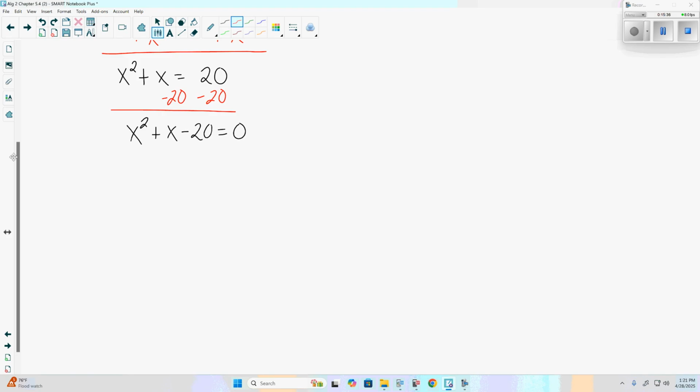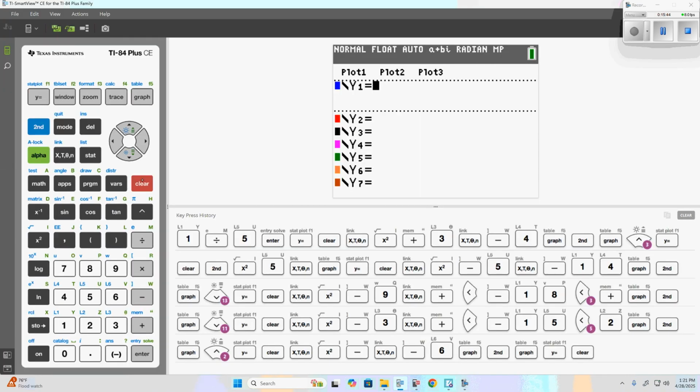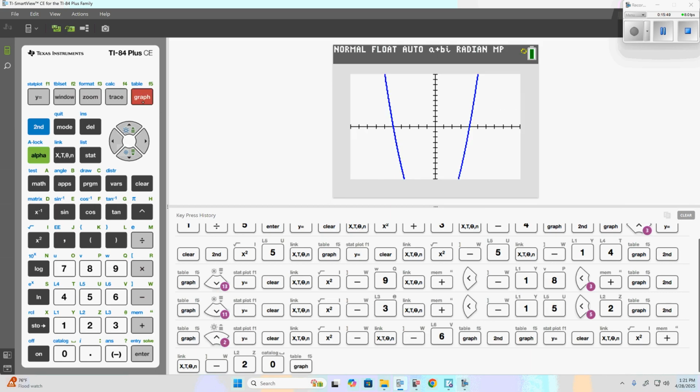Now we just need to solve. Do we want to factor or graph it? Let's try graphing it. So we have x squared plus x minus 20. It does look like it intersects at two nice places. Now we can count left and right from center. I do know that we have one negative value for x, to the left of the y-axis, and one positive value for x.